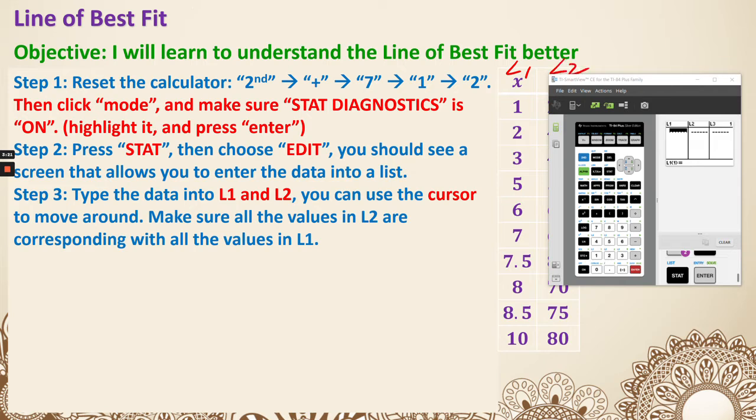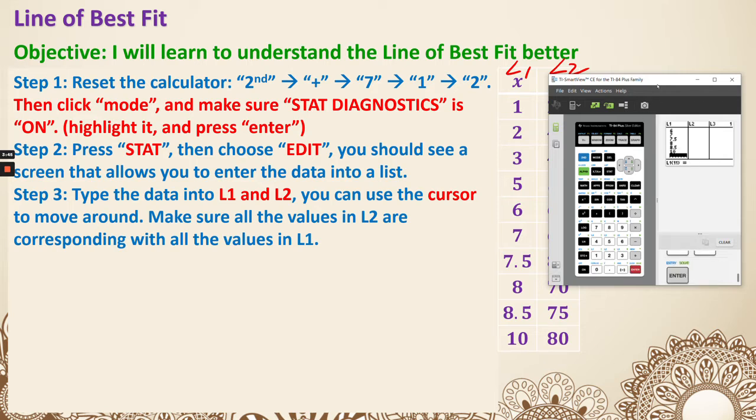So I'm going to start typing into L1: 1, 2, 3, 5, 6, 7, 7.5, 8, 8.5, and 10. These are all the numbers that I need in my L1.